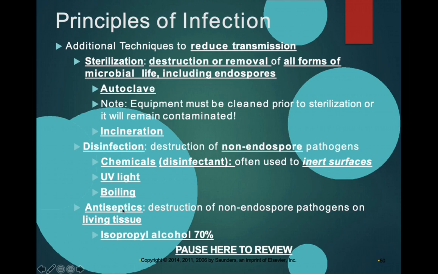And antiseptics. The antiseptics are the destruction of non-endospore pathogens on living tissues. So this is when you spray disinfectant or wipe isopropanol or isopropyl alcohol at least 70% on your hands to kill and disinfect. Okay?